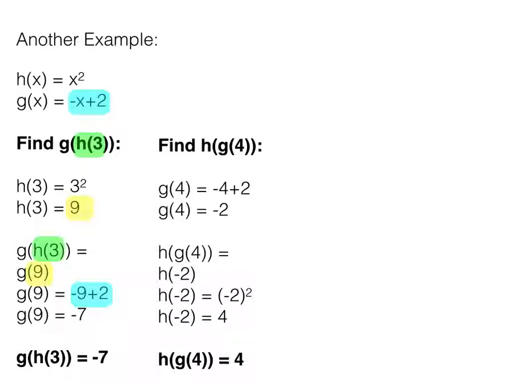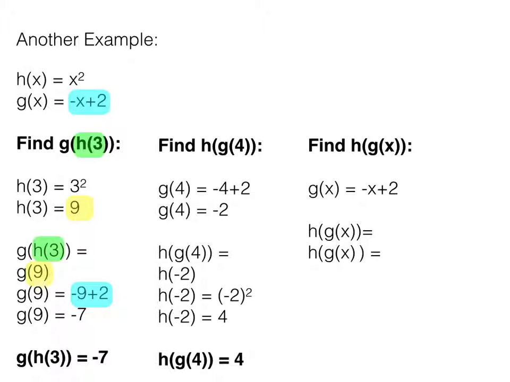So those are kind of straightforward because we're just dealing with numbers. Sometimes it gets a little more complicated when we need to find an equation, or a formula, for h of g of x, for example. Now we have an x in there. Well, we know g of x is negative x plus 2. So for h of g of x, instead of g of x, we just write negative x plus 2, because that's what g of x is.